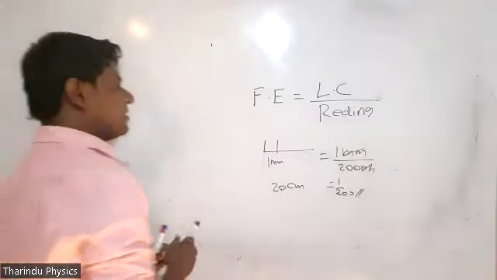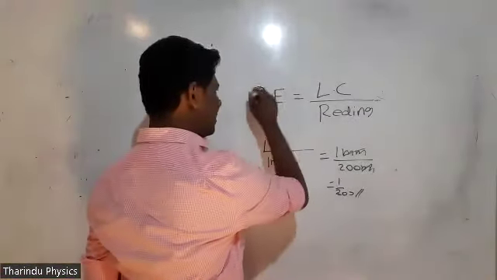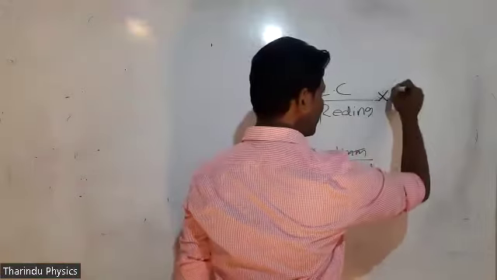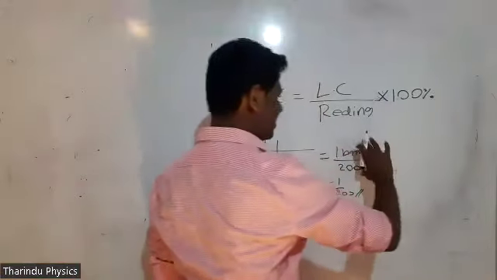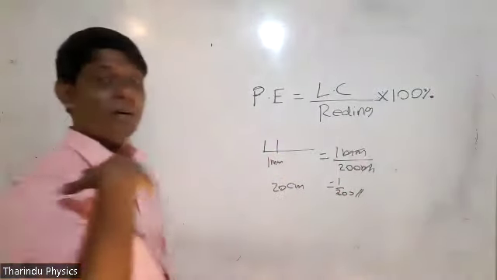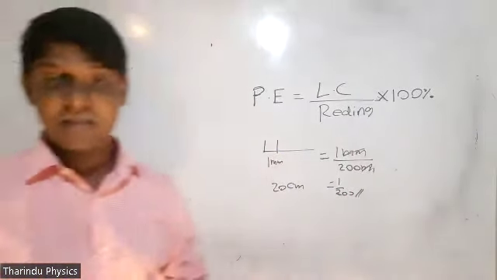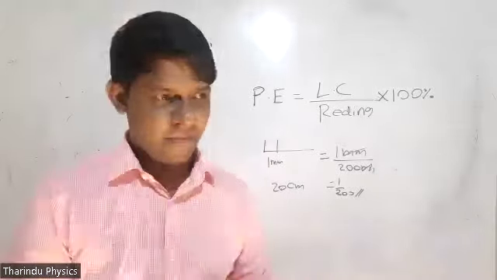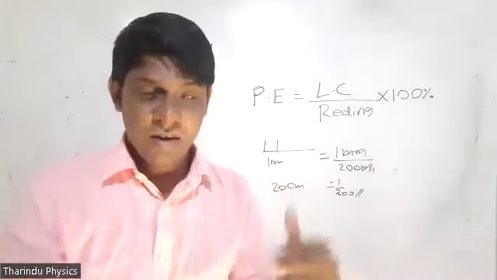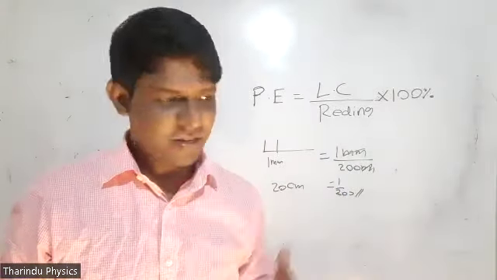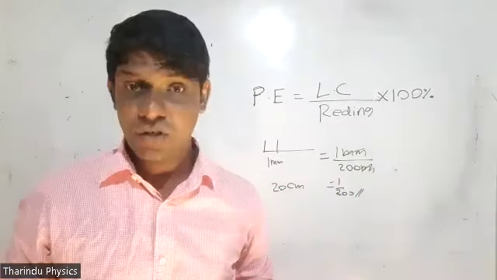Now the percentage error means percentage error. You just need to multiply this by 100. That's it. You take the fraction into a percentage. You have practiced this enough at your previous level. You get a certain fraction, you multiply by 100, you get the percentage of profit, percentage of loss, as you did.